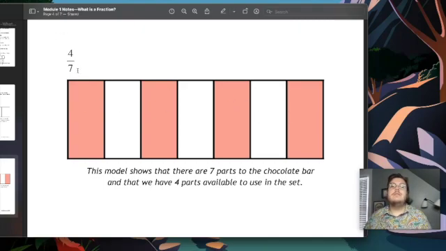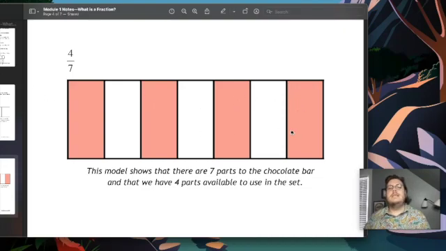My denominator was 7. Always looking at my denominator first because that tells me what my whole looks like. That tells me what the whole chocolate bar is divided up into. So I have 7 pieces making up my chocolate bar. Let's count 1, 2, 3, 4, 5, 6, 7.